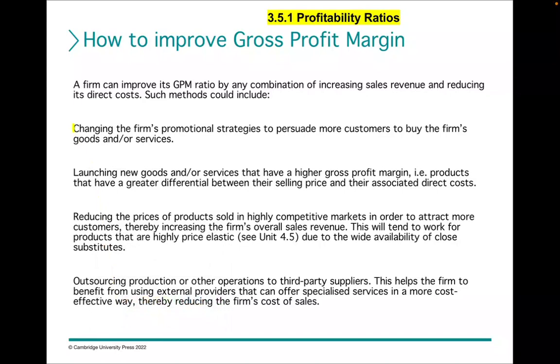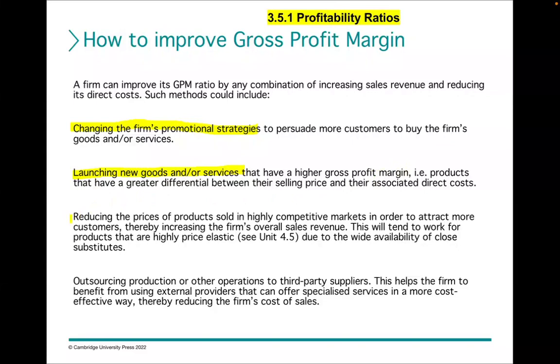Number one, changing the firm's promotional strategies to try to persuade customers to buy the firm's goods, such as 10% off, 5% off, to get more customers buying to increase the amount of revenue coming in. Launching new goods or services that have higher gross profit margin.